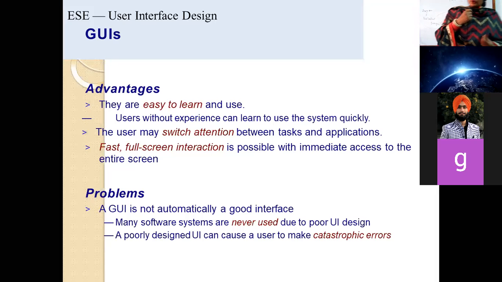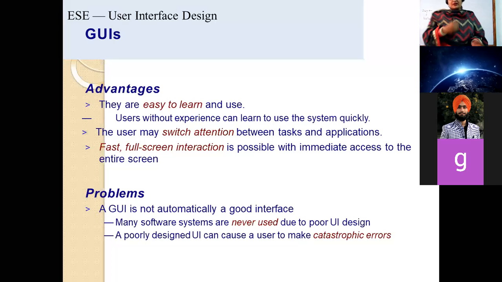Catastrophic errors are those errors which, when they occur, can cause damage to your software, to the particular application that you are using. So if you have designed anything very poorly, and the user is using it, and the user is not able to understand what that particular menu or command means, or after clicking on that particular thing, it will lead to some catastrophic errors, damage to the software.